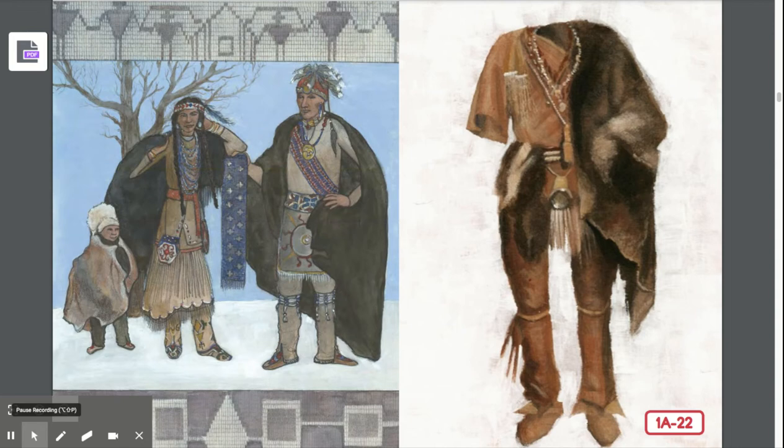Some Native Americans wore clothing made of animal skins, elk, deer, buffalo, and rabbit. They often decorated their clothing with beads, porcupine quills, and fringe. During the cold winter months, they wore coats of animal fur to stay warm. Others wore clothes made from the soft inner bark of the cedar tree, sometimes decorated with seashells.